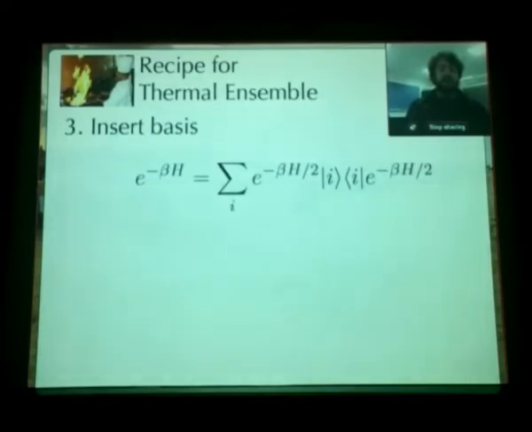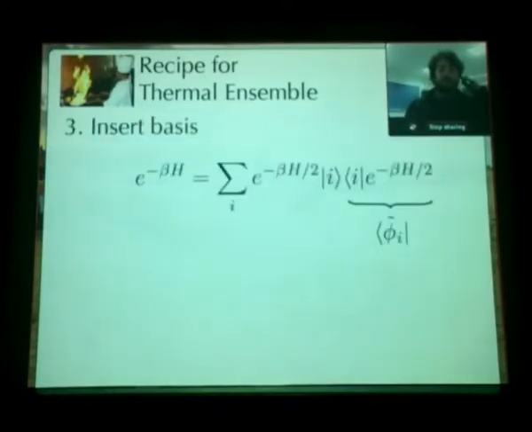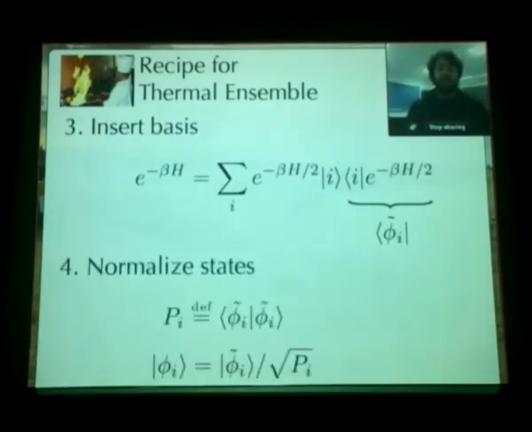So now this product, which you can call phi tilde sub I: if you think of acting e to the minus beta H over 2 onto the state I, then that product, let's call it phi tilde sub I. And we've basically made one of these thermal ensembles.